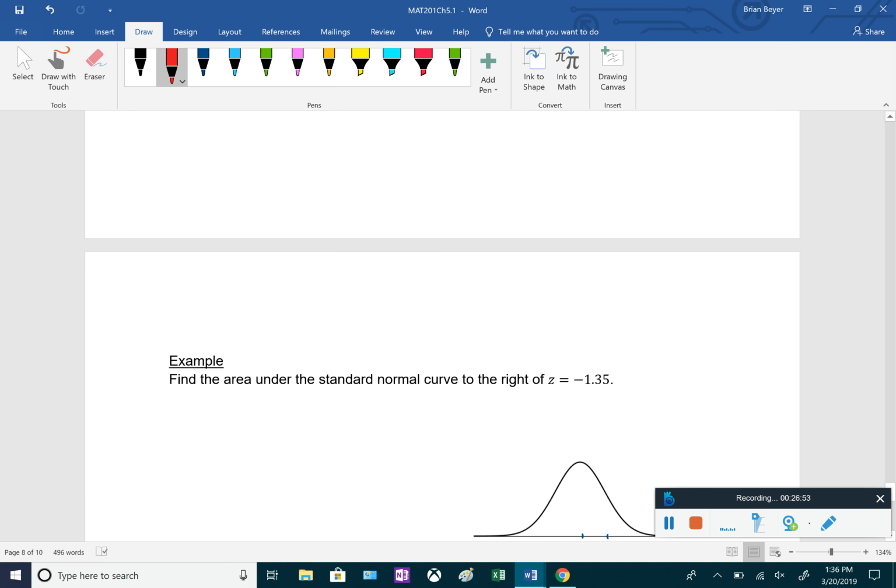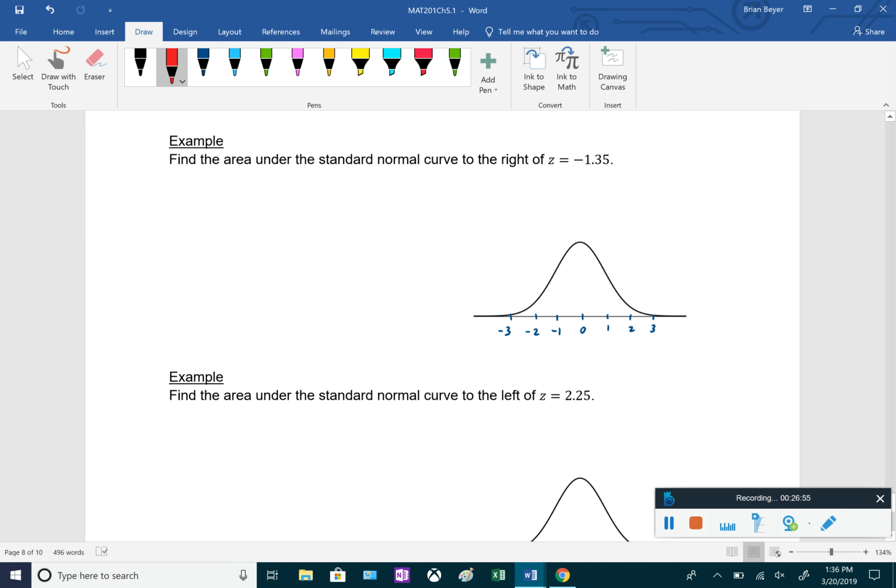Okay, so to do a couple more examples. So for the area to the right of z equals negative 1.35, negative 1.35 is about right here. We're looking for the area to the right. So we know it's going to be 1 minus the area to the left.